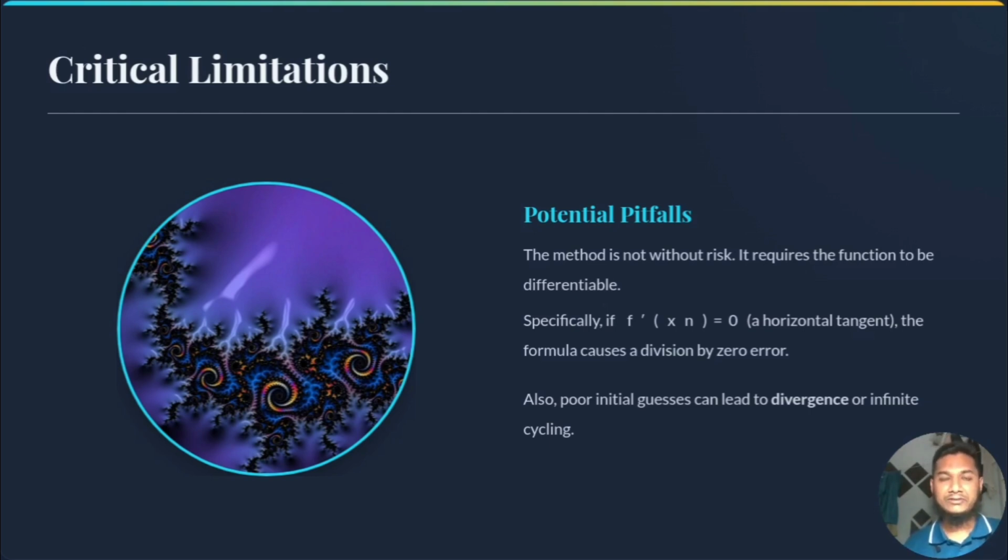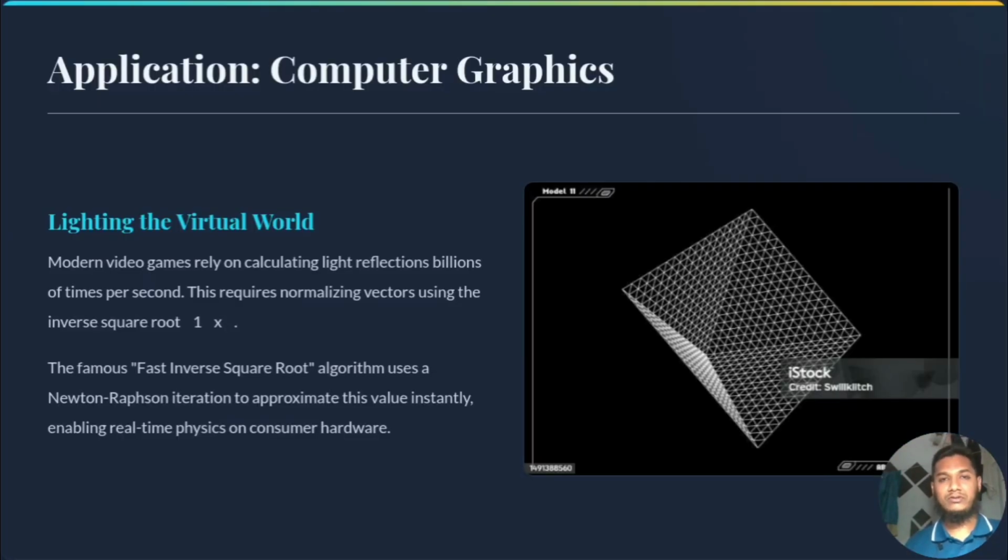So let's dive into the applications of the Newton-Raphson method. Firstly, we can see computer graphics. To prove this is not just theory, let's look at computer graphics. Lighting engines need to normalize vectors constantly, which requires calculating 1 over the square root of x.